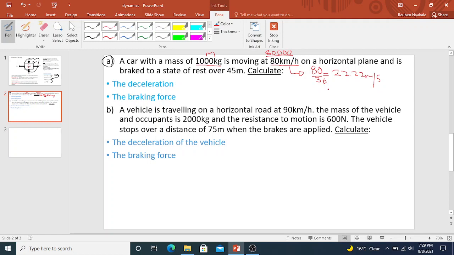We know that 1 hour to minutes, we need to multiply by 60. Then minute to second, we need to multiply by another 60.